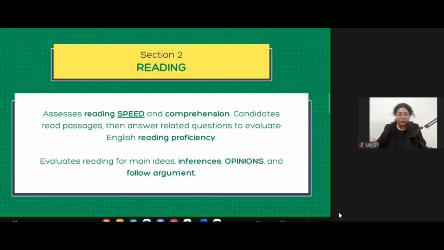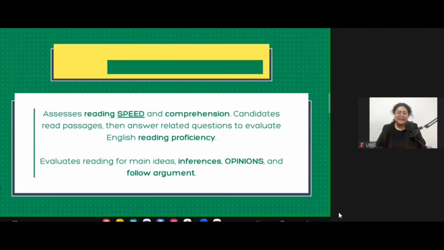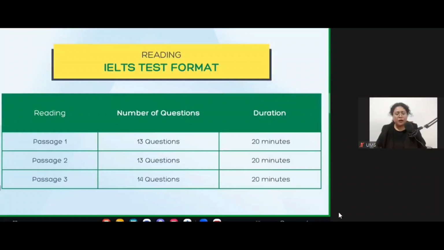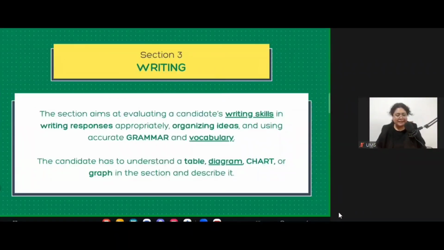But if you don't know exactly how to do it, that's a trouble, right? So we're going to be discussing all of the ways that you can enhance that skill so that it really becomes easier for you in the long run to answer the questions and the answers would just readily pop up to you, right? Now, moving on to the writing section.